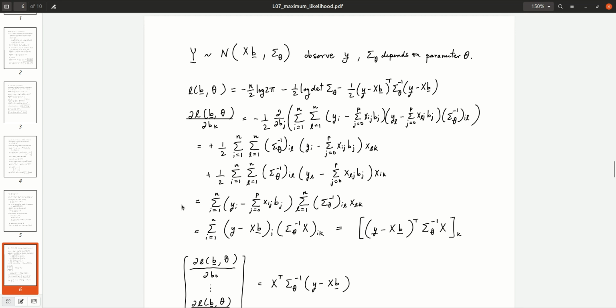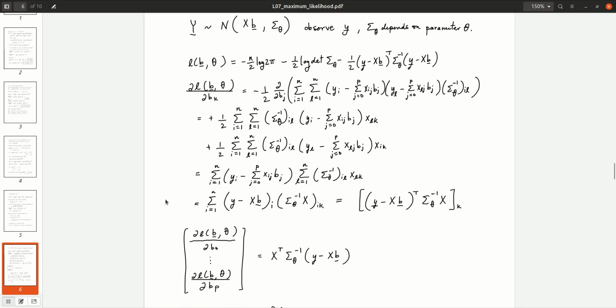So we can combine them, but make sure we have the coefficient 2 out front. All right, so then it becomes this expression. If I factor out the stuff that doesn't depend on L, that's this. And then you have this part that depends on I and L. And if you stare at this expression, what is this? This is doing Sigma theta inverse IL times x_lk.